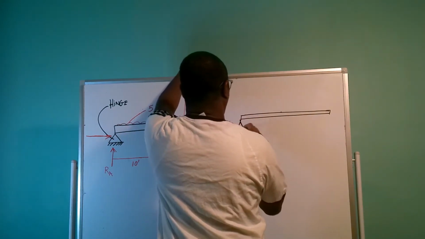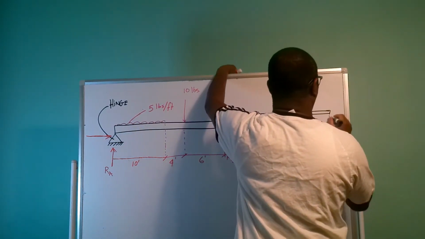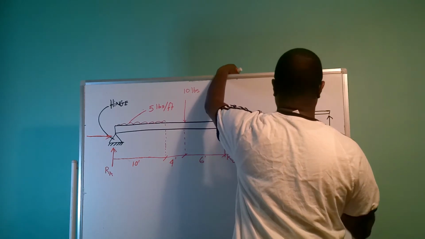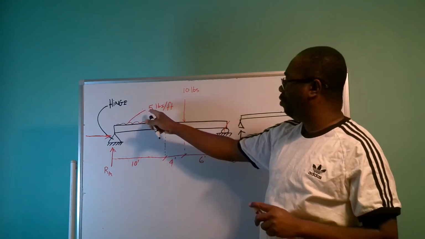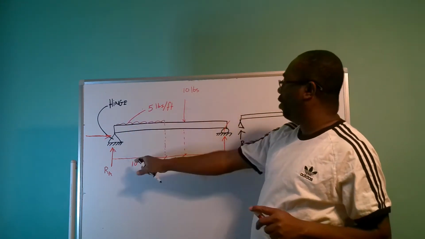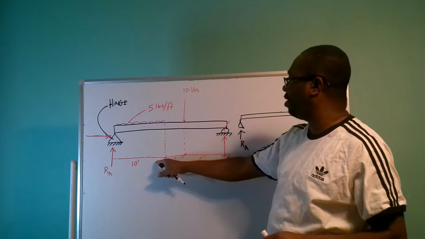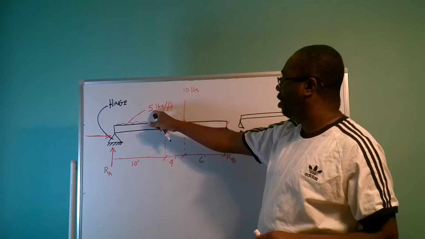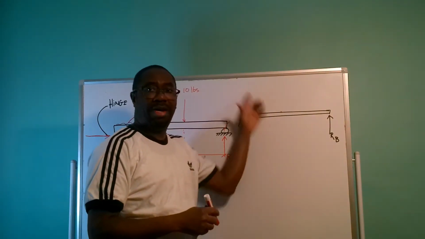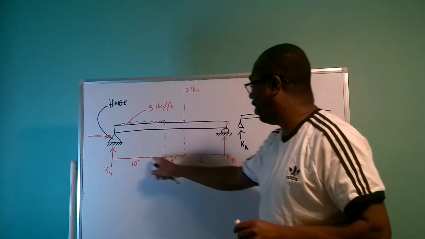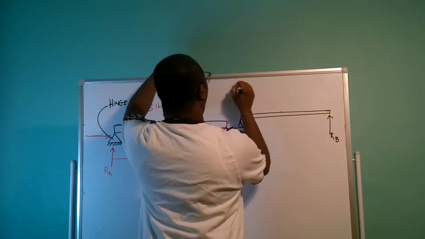So this here is the reaction at RA, the reaction at RB, and we are going to change this uniform distributed load into a point load. So if we are going to do that, the UDL spans 10 feet, so we're going to calculate the load and we're going to put this UDL as a point load at midspan, the center of this 10 feet here.